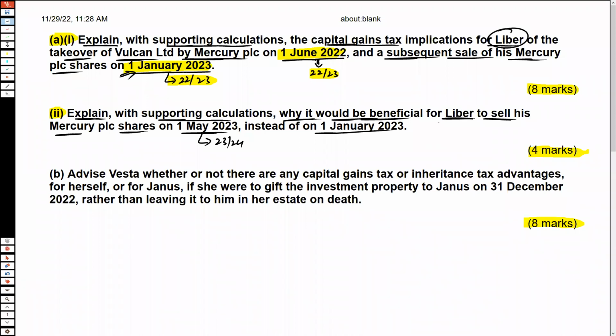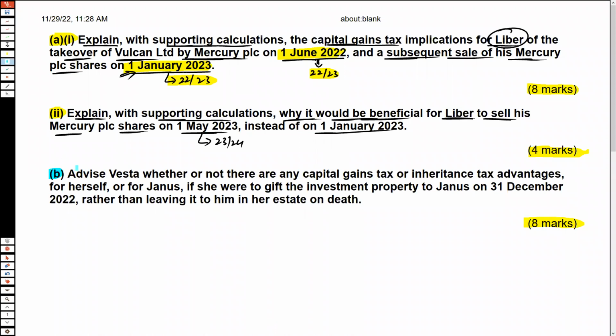So what are the benefits if both of the disposals are in the same fiscal year? The annual exemption is not enough to deduct from the gains, but if you delay the disposals and dispose of the shares in the next year, then surely next year's annual exemption can also be claimed and deducted from the capital gains.